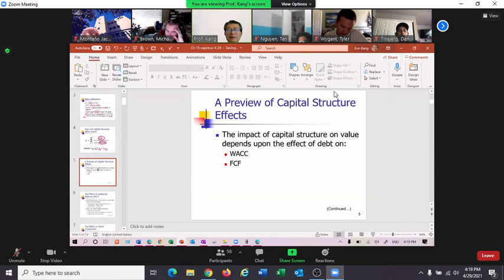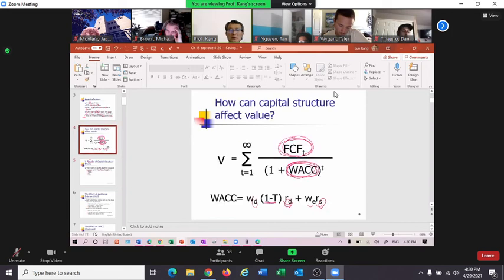And then, a preview of capital structure effects. The impact of capital structure on value depends on the effect of debt on WACC and free cash flow, right? Pretty obvious, because value is free cash flow divided by WACC.